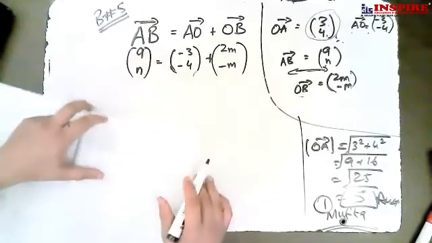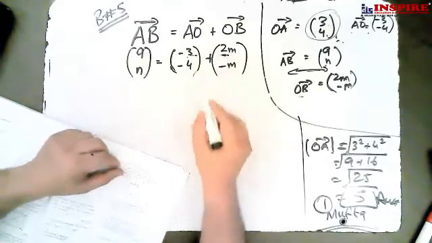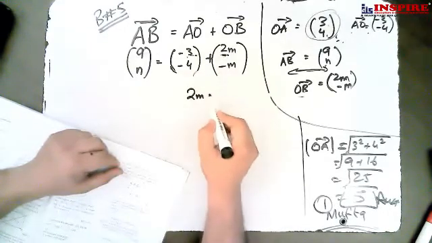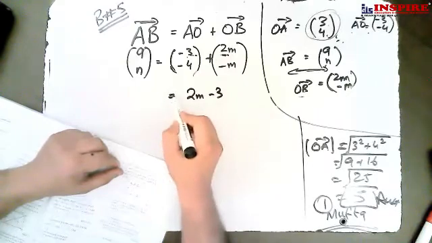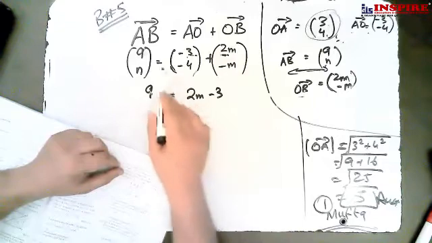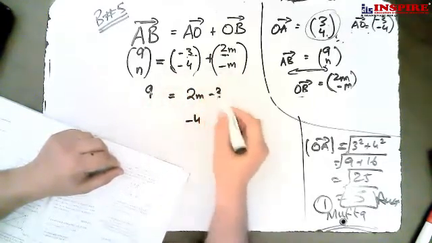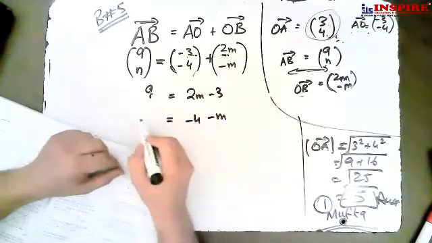Okay. According to the vector rules, you can add the tops: 2m minus 3 is equal to 9. The tops are equal with an equal sign, and the -4 minus m should be equal to n.